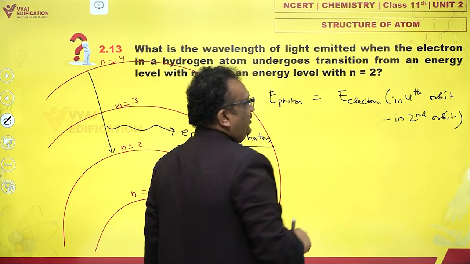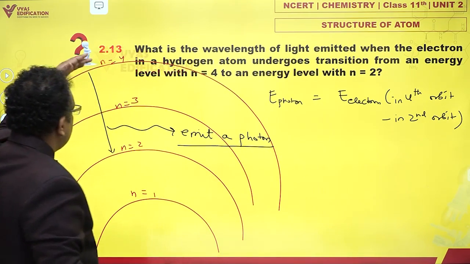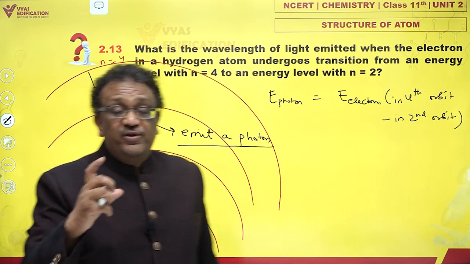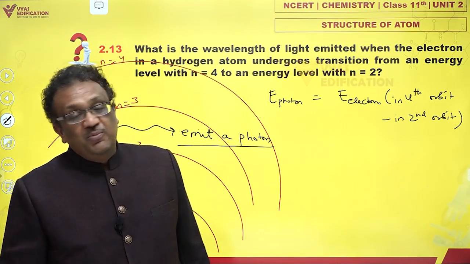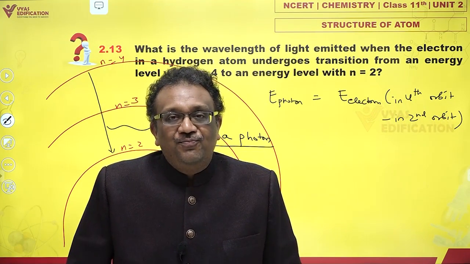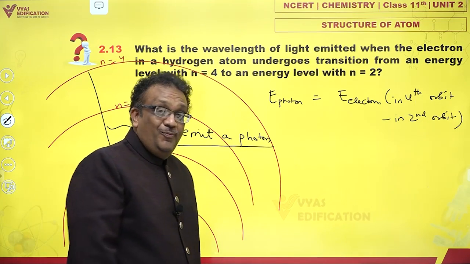You take the energy difference of electron in higher shell and lower shell, and the difference of energy is accounted for by the energy of the photon which has been emitted. This is simple Bohr's theory, the theoretical background. Do we have a formula? Yes, we do.